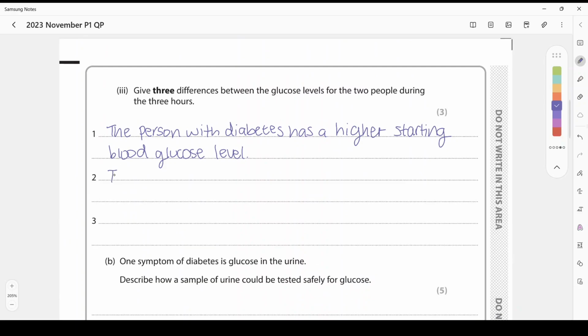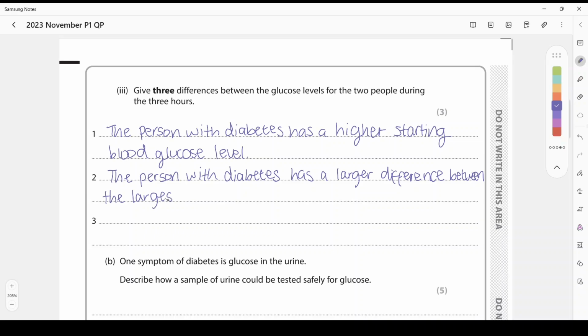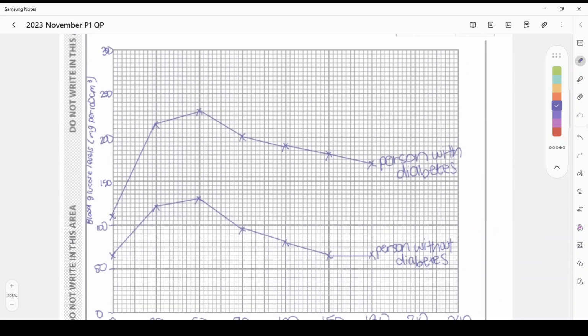So we can say the person with diabetes has a larger difference between the largest and smallest value. All right.